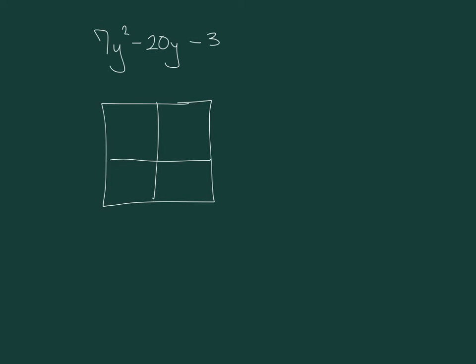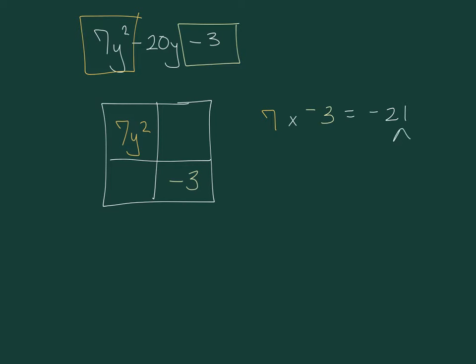I'm going to take the first term, 7y squared, and put that in the upper left, and the last term, negative 3, and put that in the bottom right. Then I take 7 and negative 3 and multiply them together to get negative 21. I'm going to factor 21: 1 and 21, 3 and 7.